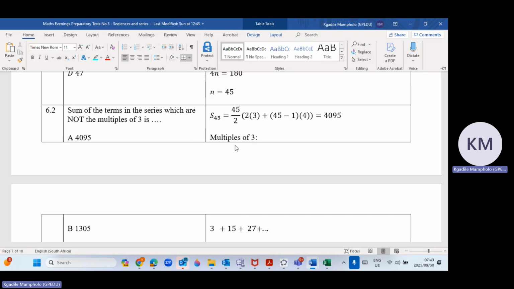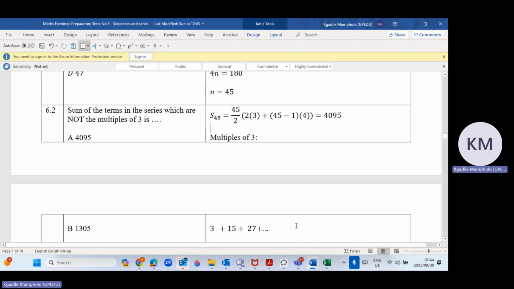So we'll say the sum of all the terms in the sequence minus the sum of the terms which are multiples of 3, then the answer will be the sum of the terms which are not multiples of 3. Let's start with this one. The sum of all the 45 terms is 1495 using the sum formula.